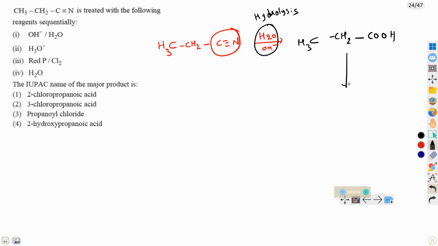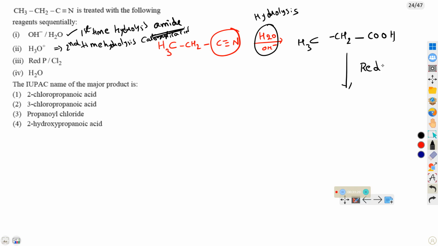Now the carboxylic acid is treated with, this is the first hydrolysis, which gives amide. The second hydrolysis gives carboxylic acid. So two times hydrolysis gives carboxylic acid.